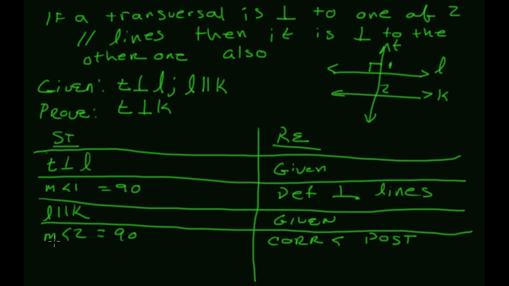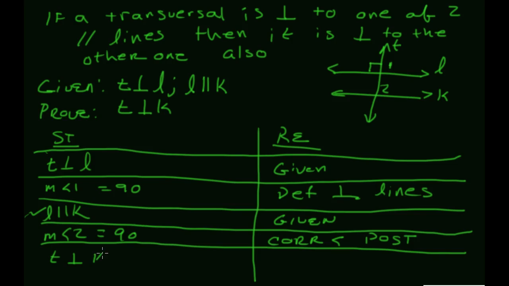It tells me that if the lines are parallel, boom, then they have to be equal in measure or congruent. So finally, I can say that T is perpendicular to K because, again, if this is a 90-degree angle, these things have to be perpendicular because that's the definition of perpendicular lines.